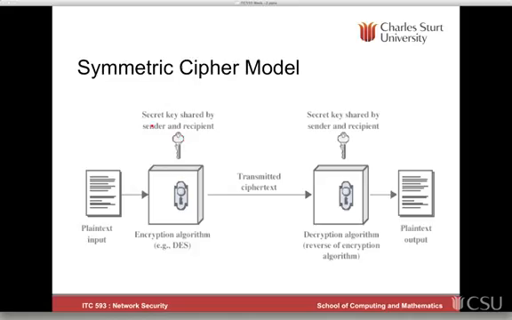Since it is symmetric, sender and receiver use the same key, and after encryption the ciphertext is transmitted to the receiver side, and the receiver uses the same secret key or shared key in the decryption algorithm. That means it is the reverse, opposite of the encryption algorithm, and finally retrieves or recovers the plain text output. This is the symmetric cipher model.